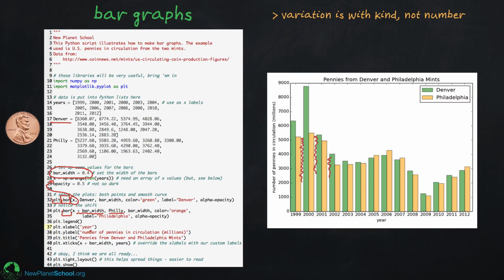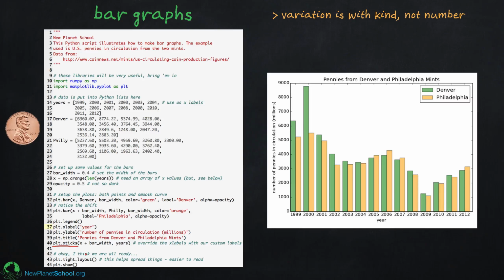Okay. One last thing that you have to understand for bar graphs, especially when you're doing multiple bar graphs like this, is that it needs to know where to put this label. And I wanted the label to be right in the middle of the two bars, because it might try to put it at the left of the two bars. So what I did is I used this command right down here, which is called xticks.